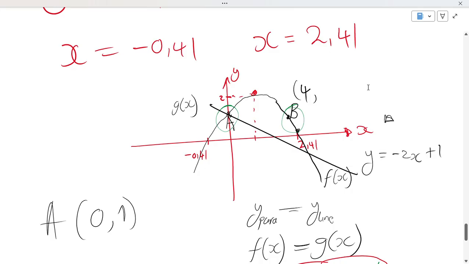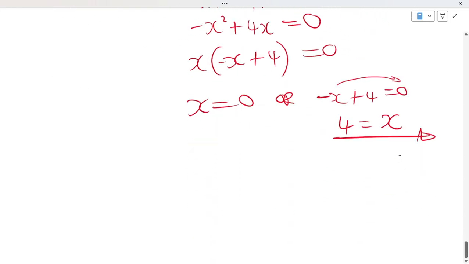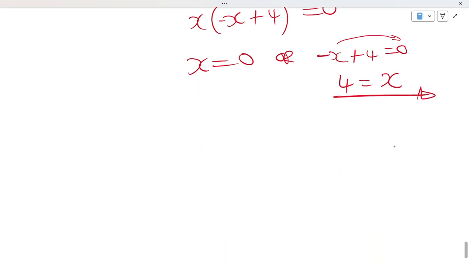So at this correct B now, the x here is 4, and then what about the y? You can use the formula for the straight line and find y. You know that x is 4, your y was negative 2x plus 1, and then you put 4 inside.